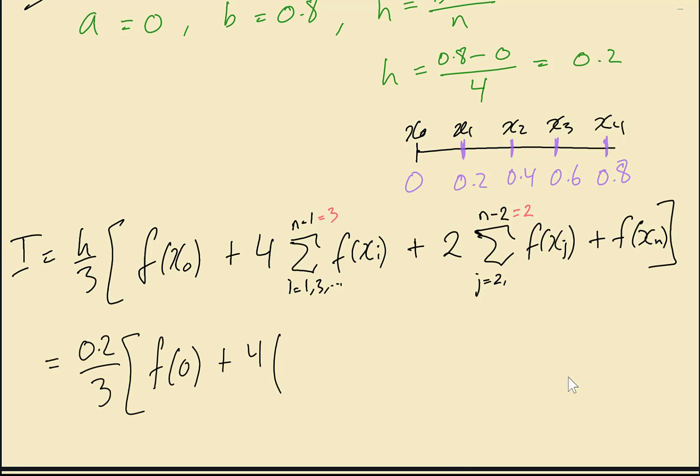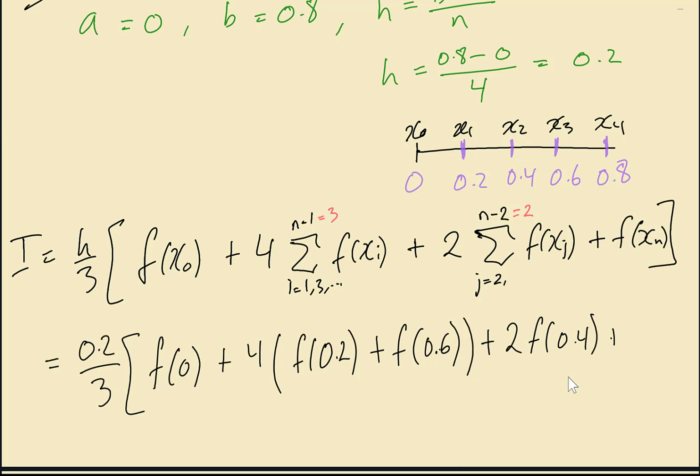So i equals 1 is f of x1, right? So what's that? f at 0.2, plus f of x at 0.6, because that's x at 3. And then we're going to add 2 times f of x2, which is 0.4, plus the last point, f at 0.8. So this would be our integral using multiple applications.